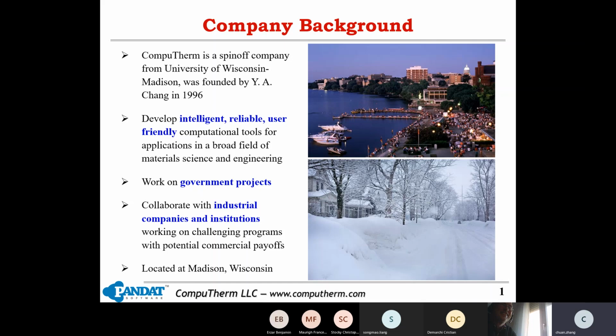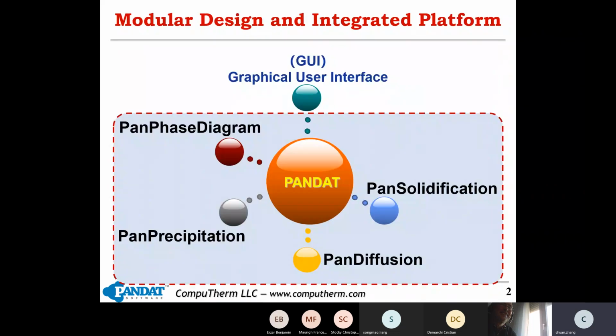So this is our software. We call it Pandat. This is an integrated computational platform we developed based on the CALPHAD approach. It is mainly for multi-component phase diagram calculation and materials property simulation. Some of you may also know other similar software. The main advantages of our software over the others are in three parts.